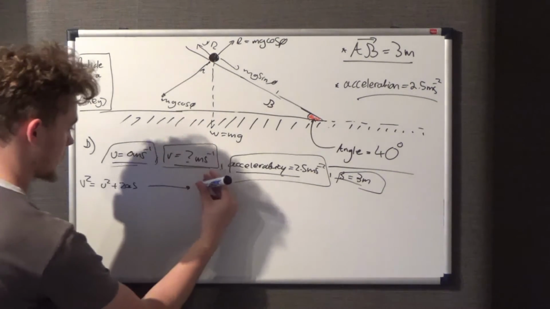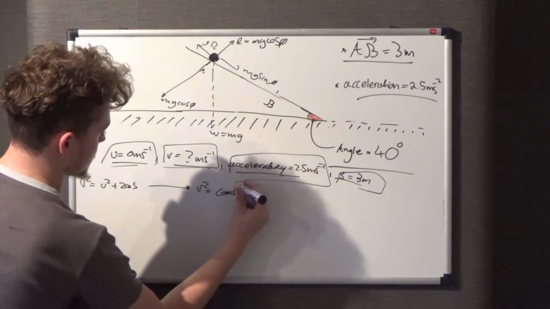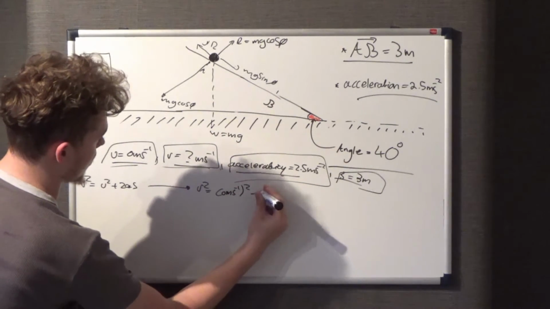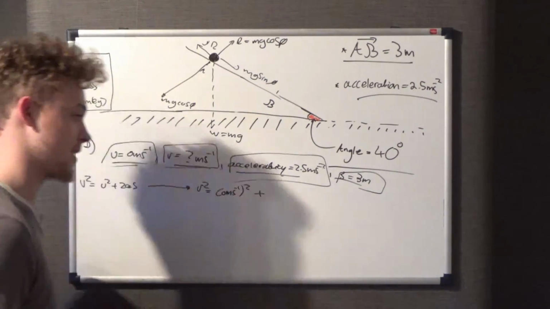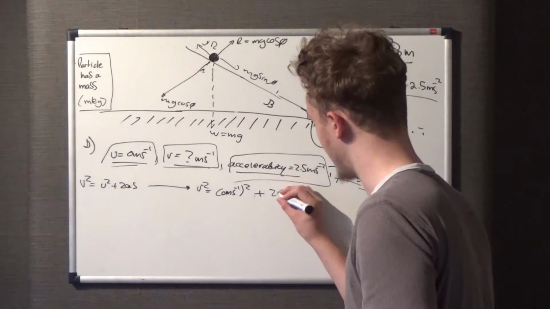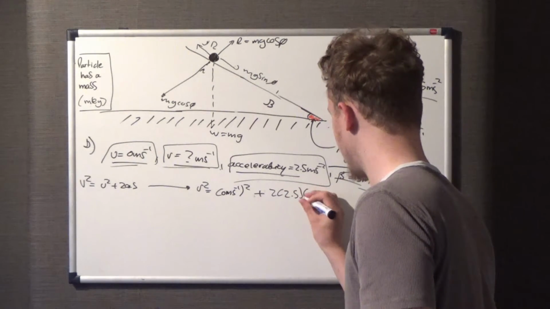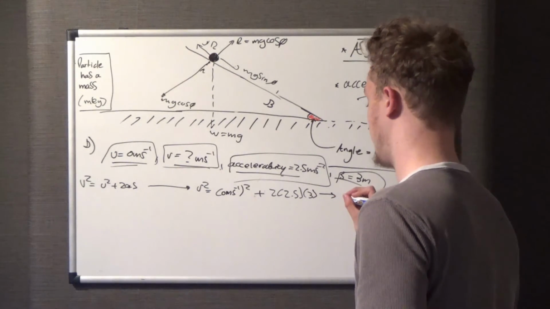So v squared is equal to u squared. Obviously, u squared is 0, but it's still right to write 0 meters per second in brackets and square it, and then you're adding 2 times a times s. We know s is 3 meters, we know the acceleration is 2.5, so it's 2 times 2.5 times 3, so v squared is obviously 15.